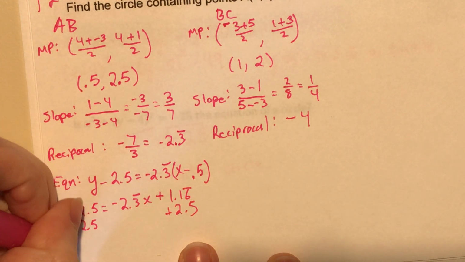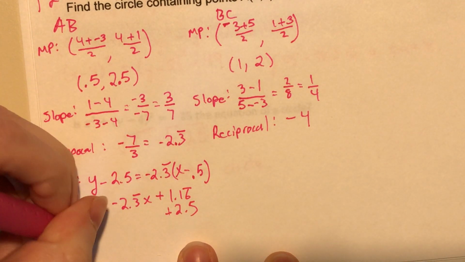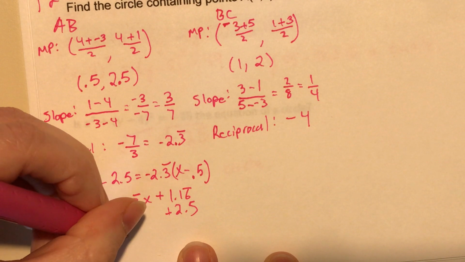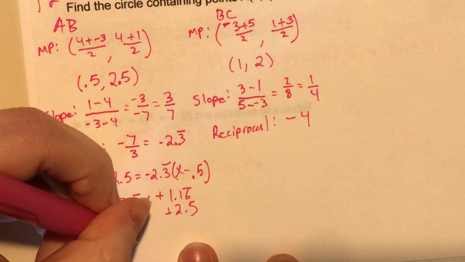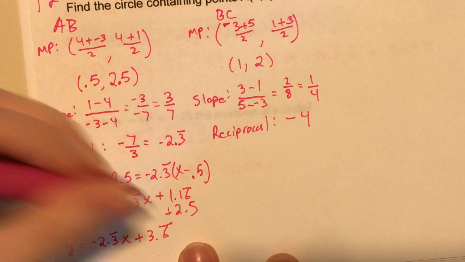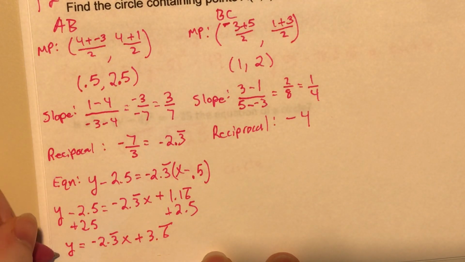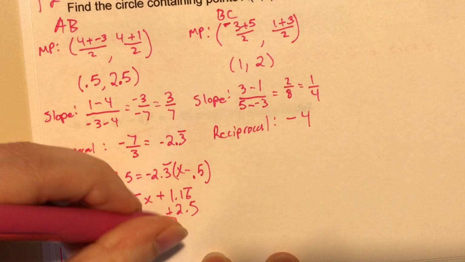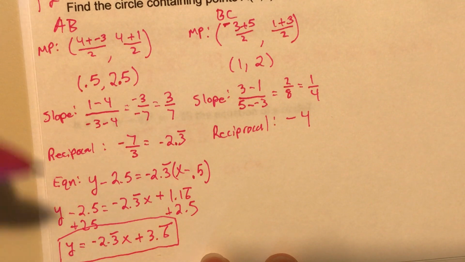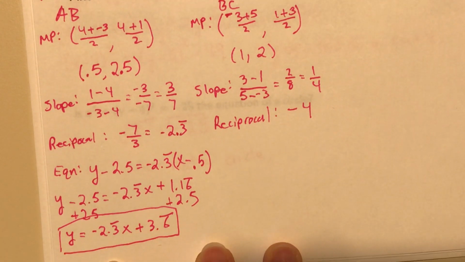And we've got y equals -2.3 repeating x plus 3.6 repeating. So there's one equation of a perpendicular bisector. The other one has fewer decimals involved in it.